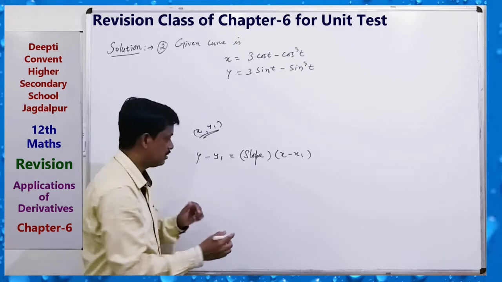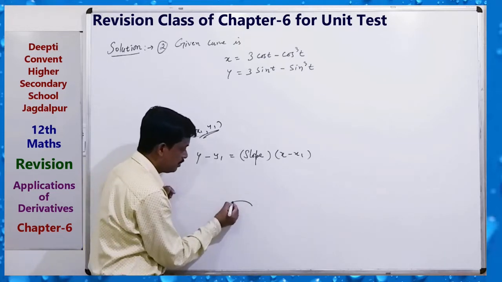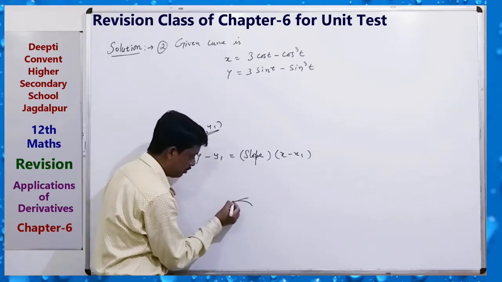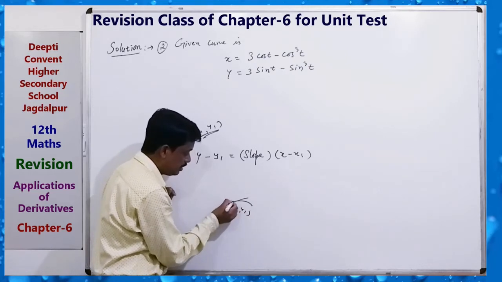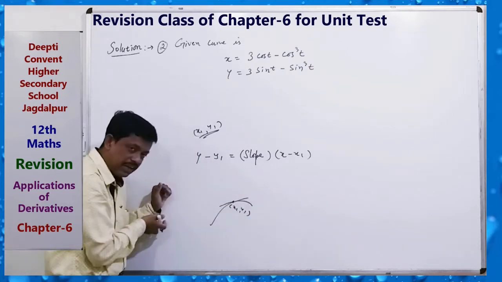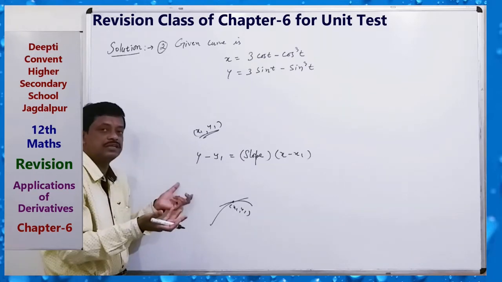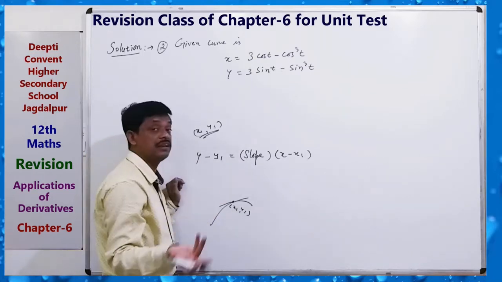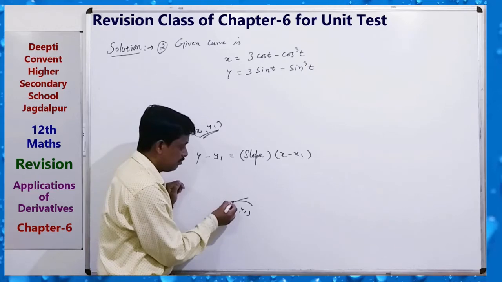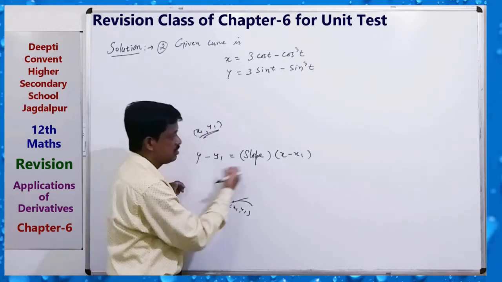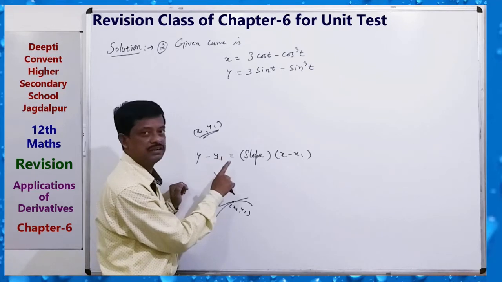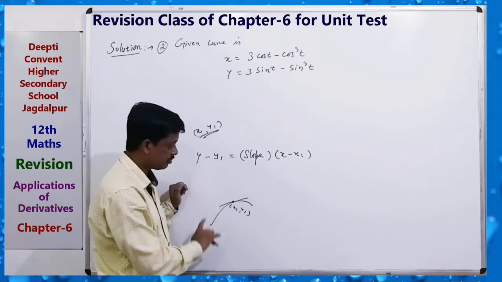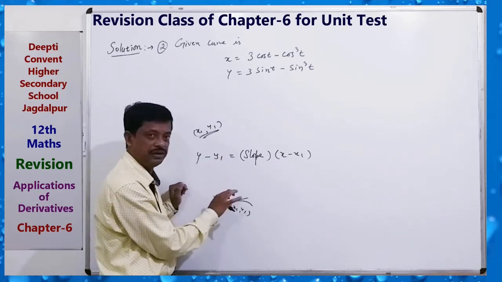Equation of tangent: let's suppose this is a curve. This is a point on the curve, point x1, y1. At this point, if we want to find the equation of tangent, that means the equation of a line. The line passing through this point is given by this, and we have to find the slope of the tangent to the curve at this point.